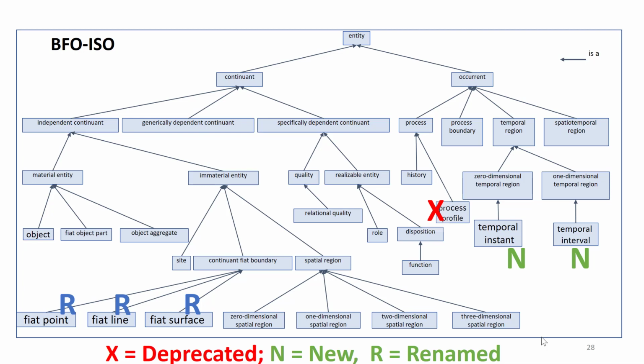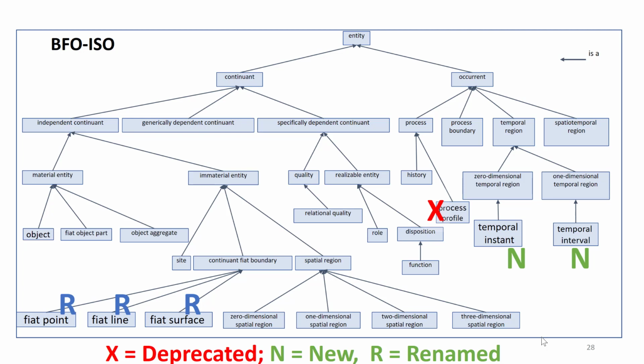And similarly, a one-dimensional temporal region might not be a temporal interval. It might be 2 temporal intervals with a gap. So we now have cleaned up the question of continuity of time regions. Then we rename zero-dimensional continuant fiat boundary, and we call it fiat point, and similarly for fiat line and fiat surface.